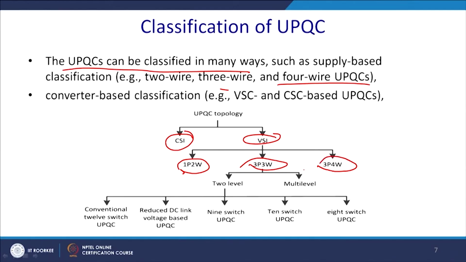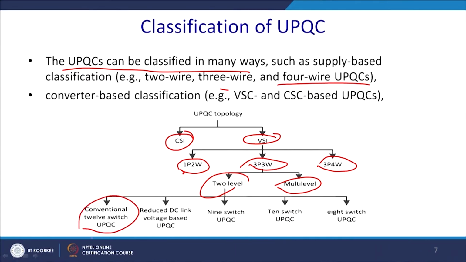Mostly it is the 3-phase 3-wire system, because the voltage level has to be a little higher. So, we have 2 level as well as multi level. In the case of the 2 level, we can have many combinations. Of course, it can be extended to a multi level inverter, it is possible, but the number of switches will be huge.